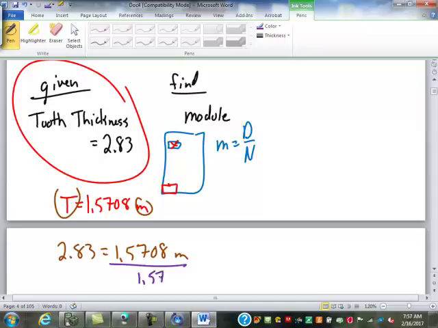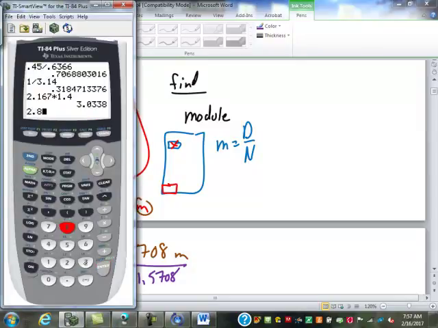So divide out. 2.83 divided by 1.5708. Does 1.5708 ring a bell to anybody? There you go. It's half a pi.